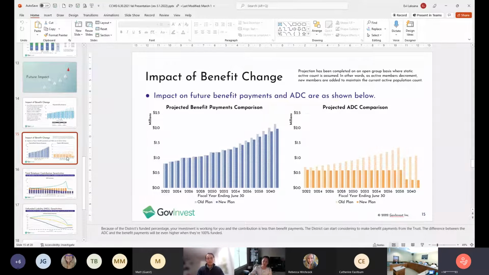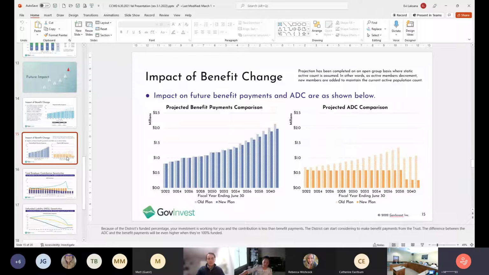Alternatively, what you can do going forward is contribute the ADC. So you will still have to make some kind of contribution to the trust, but on slide 15, you can see that your projected ADC contribution under the new plan is about 500 or 600,000, but your benefit payment is way more than that.